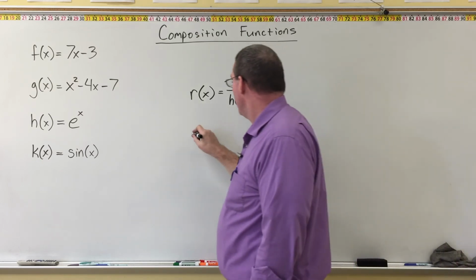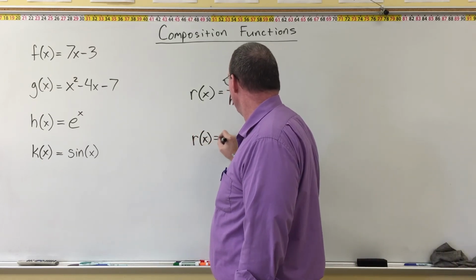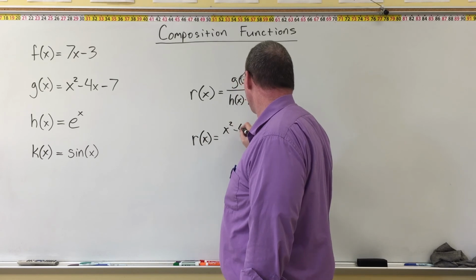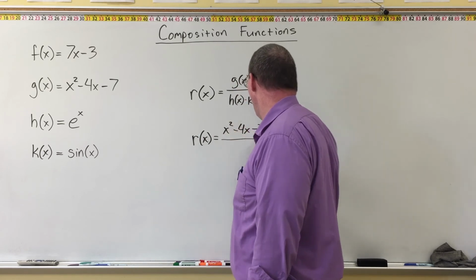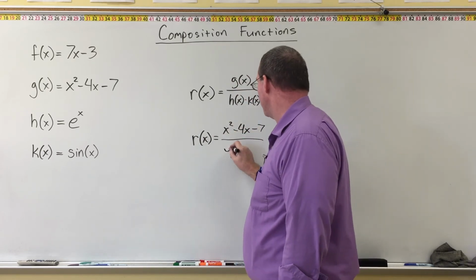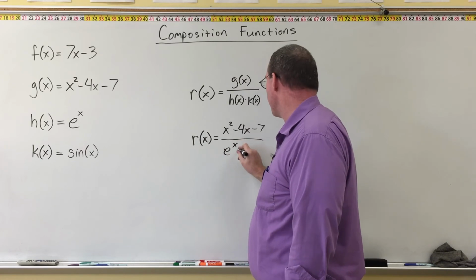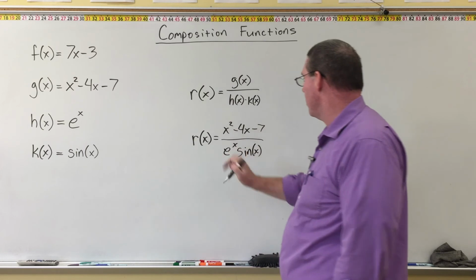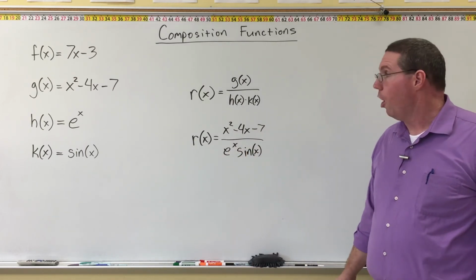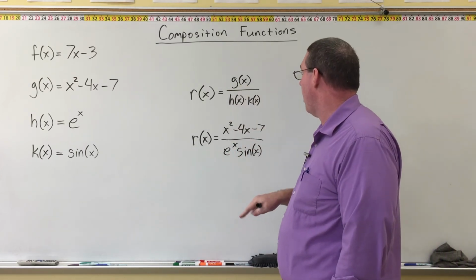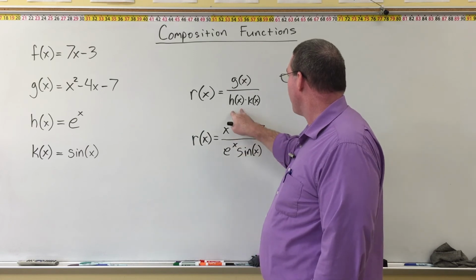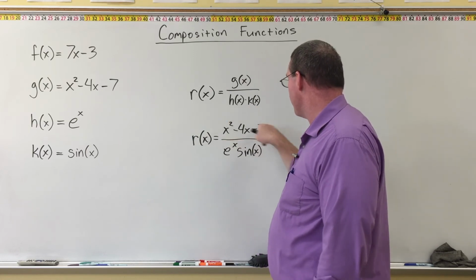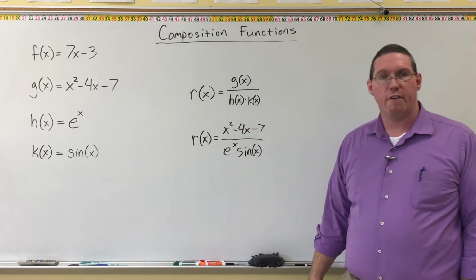And so r of x would be equal to x squared minus 4x minus 7 over h of x, which is e to the x power, times k of x, which is sine of x. And so this is now your composition function. All you had to do was put g of x in the top and then put h of x times k of x in the bottom, and this is now r of x.